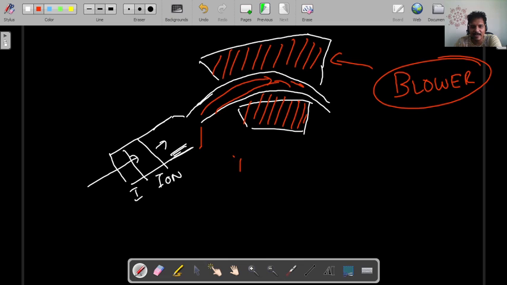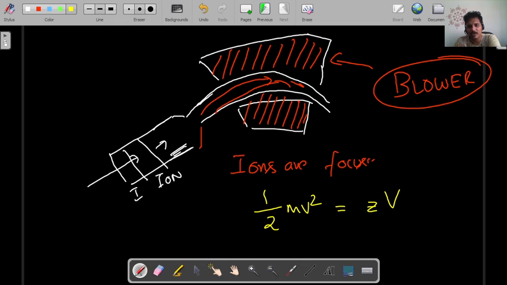So first the ions are accelerated. They move into the focusing magnet. Initially you need to push the balls, you remember it? So you need to apply an energy initially. I'll put that energy as, say, the initial kinetic energy: half mv square is equal to zV.